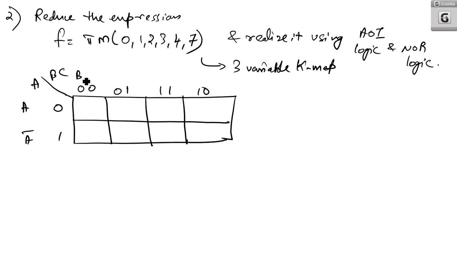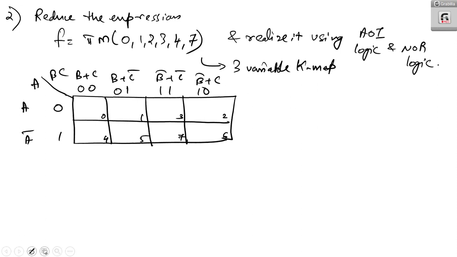So here we are having B or C, B or C bar, B bar or C bar, B bar or C. So 0, 1, 2, 3, 4, 5, 6 and 7.